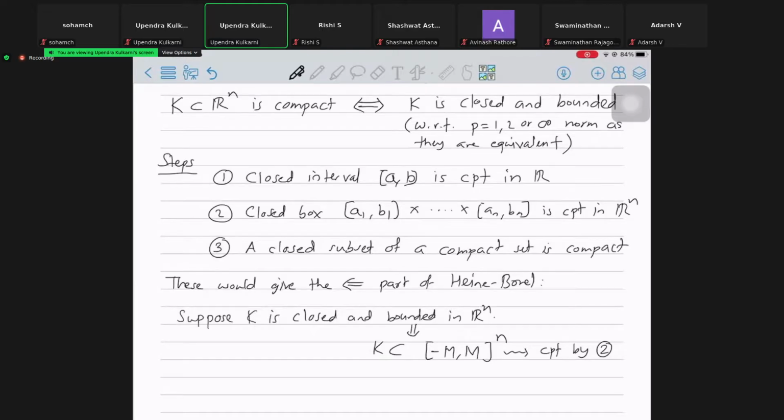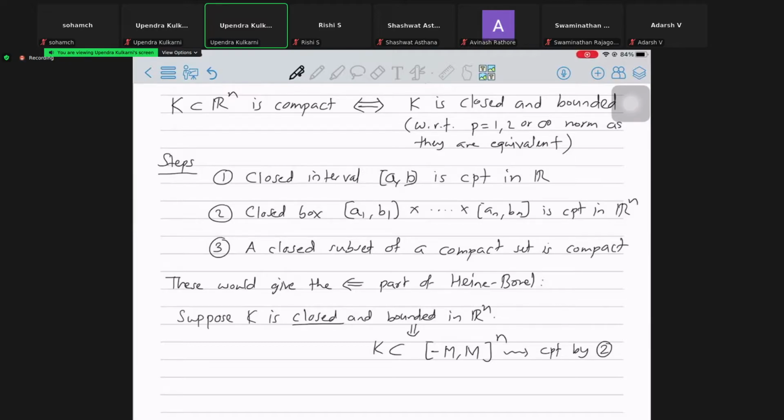So what this is showing is that K now becomes a subset of a compact set, but K was given to be closed. See, if I have a space X and a subspace S, and some set K is a subset of S, which is a subset of X, now if K is closed in X, then it is automatically closed in S. Is this clear?